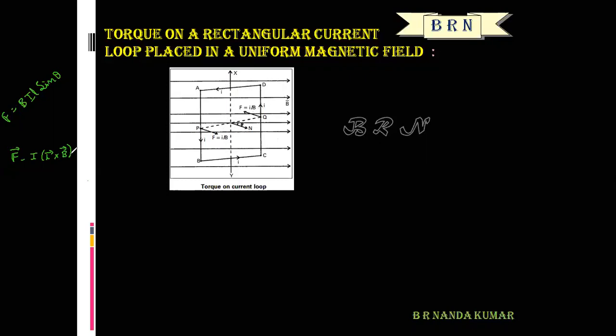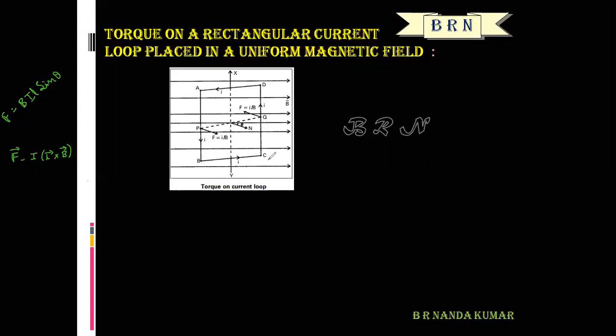If the length of the conductor is parallel or anti-parallel to the direction of the magnetic field, it doesn't experience any force. So the force acting on BC and on DA is zero.